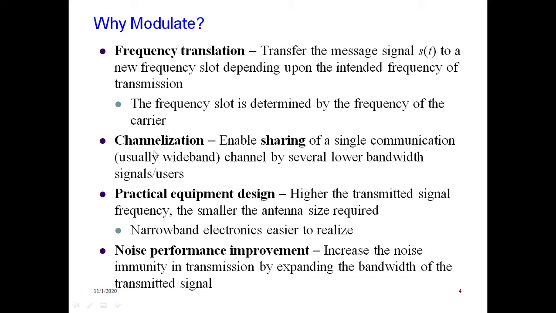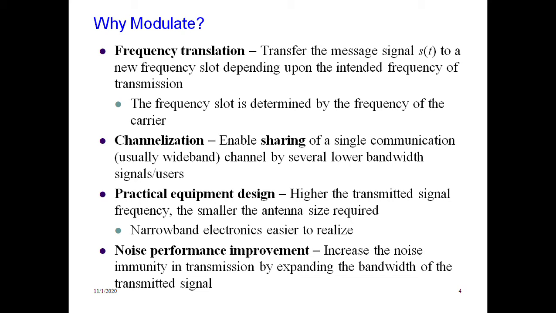Number two, we would like to have a division of a channel, or what we call channelization, which enables a single communication system to share several channels by dividing it into lower bandwidth, to represent a signal or a user.